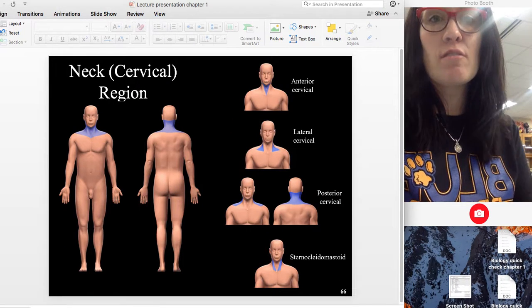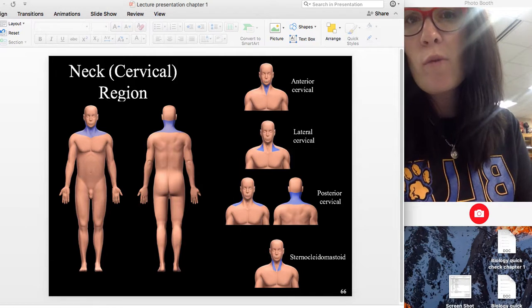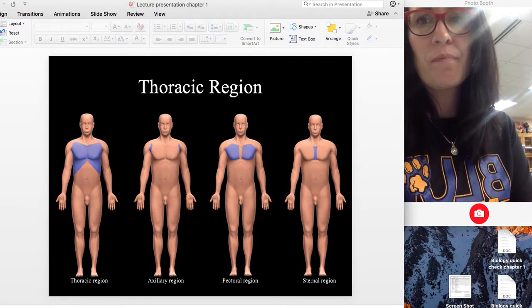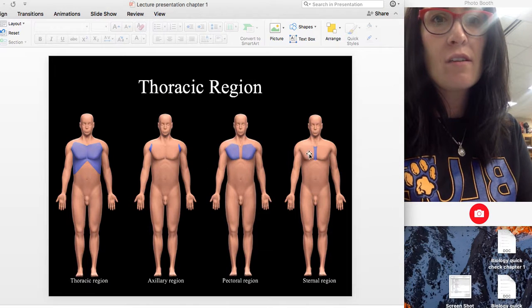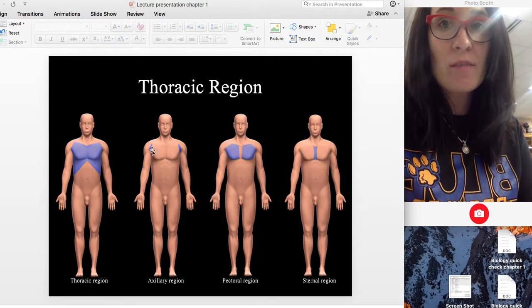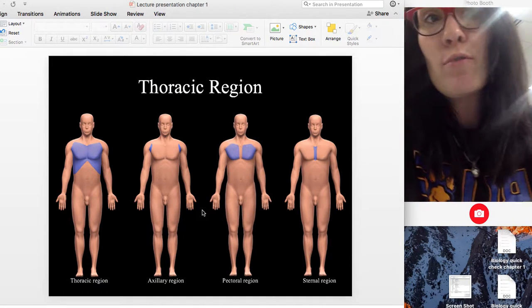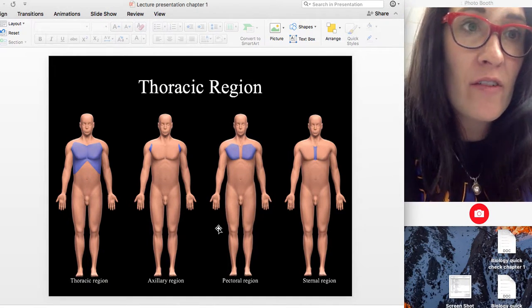And then the cervical neck region can even be divided a little bit further, but we don't need to know all those for now. The thoracic region includes the whole chest. The axillary region is specifically your armpit area. Axillary lymph nodes are important; enlarged lymph nodes in the axillary region are usually a big indicator that somebody has lymphoma.